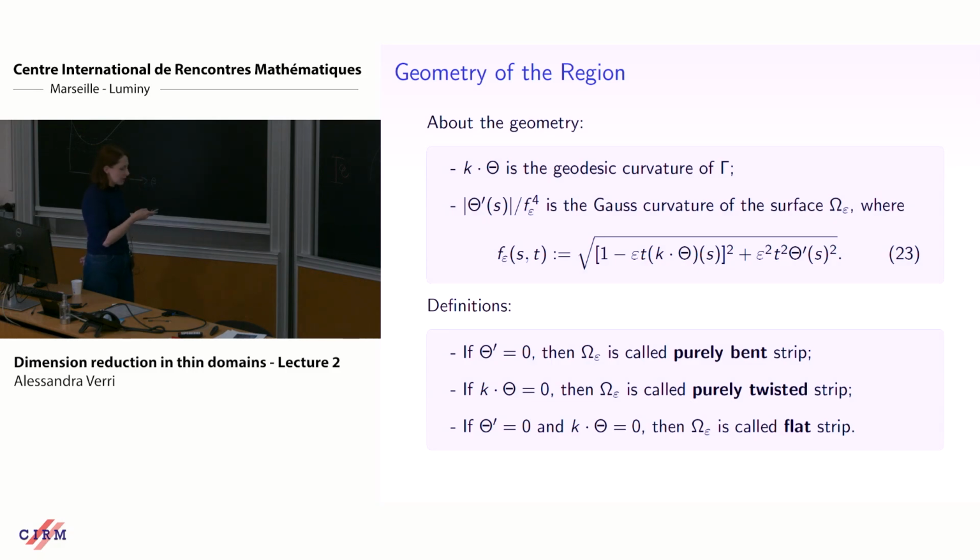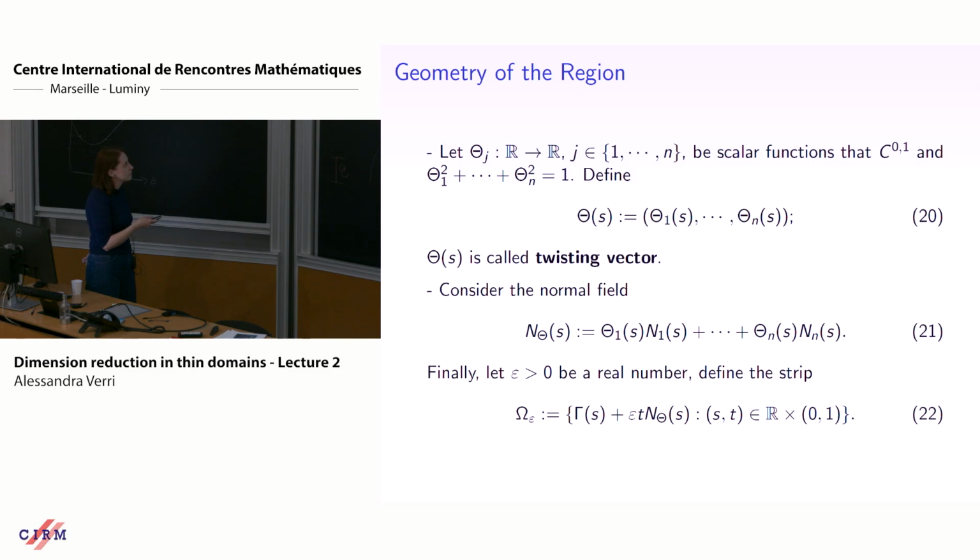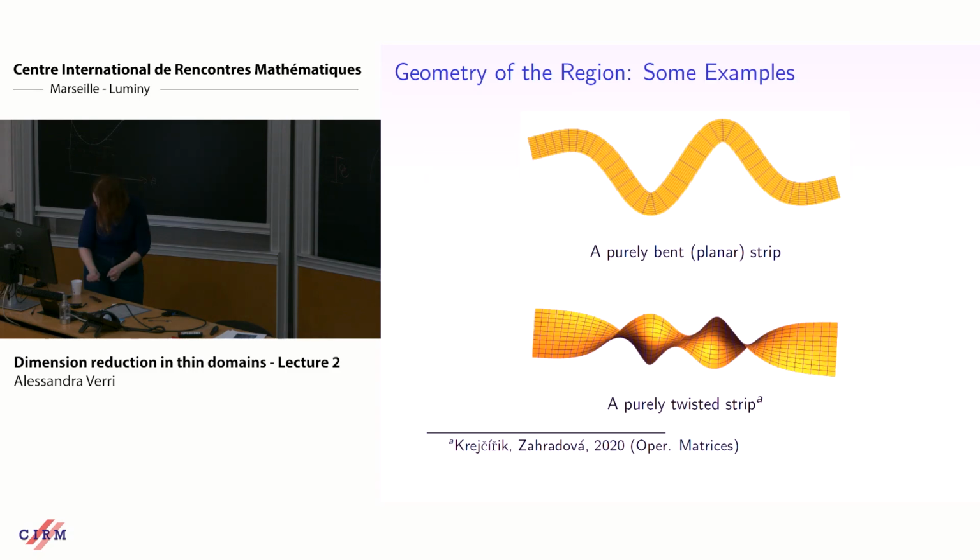So here I have some pictures. I took all these pictures from David's articles. I stole them from him. And here we have some examples. Here we have a purely bent strip.